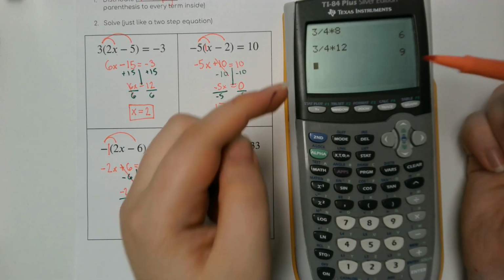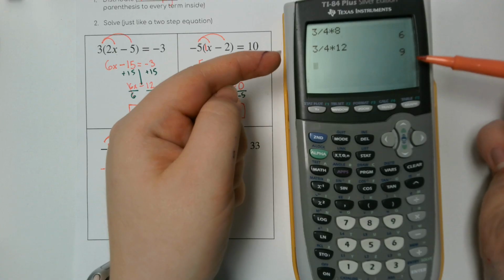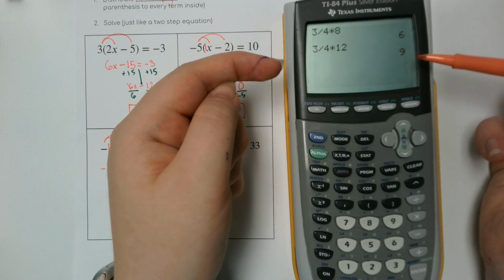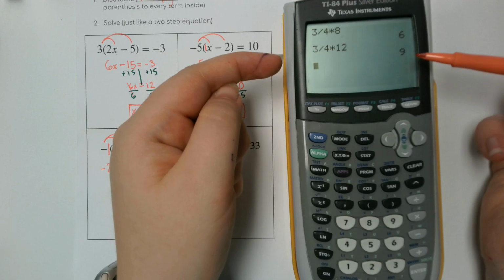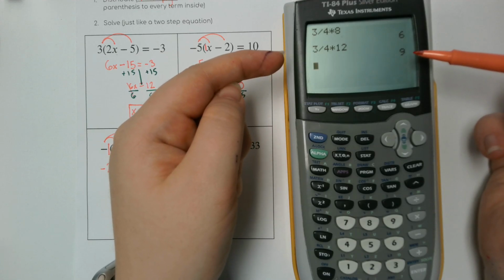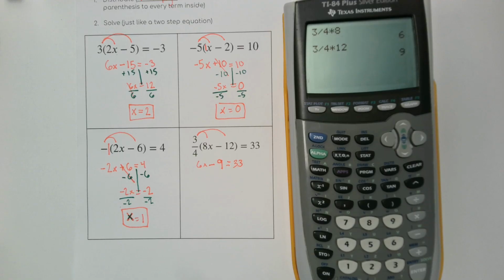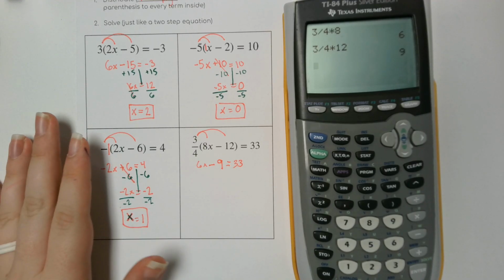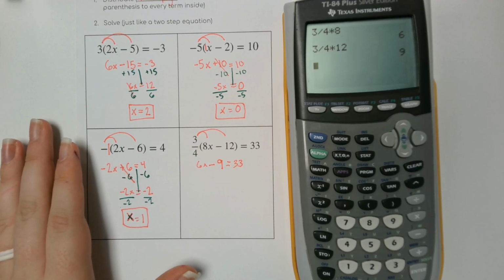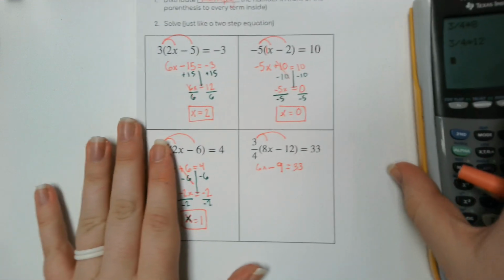Did anyone not get 6 and 9 when they typed it into the calculator? Okay. Moving on then.